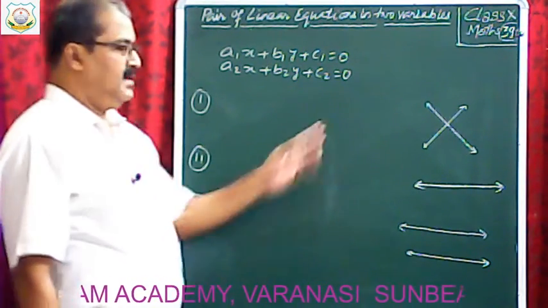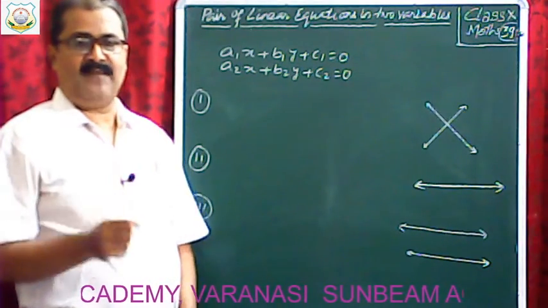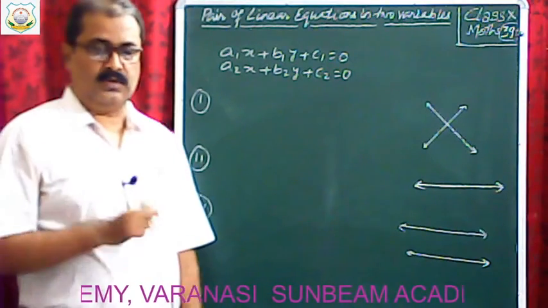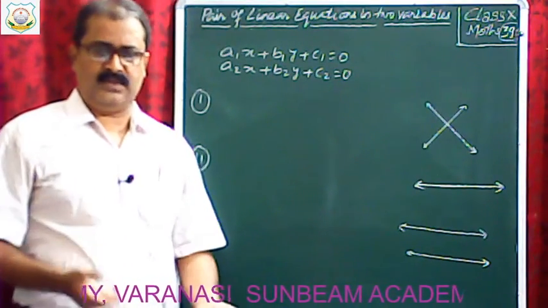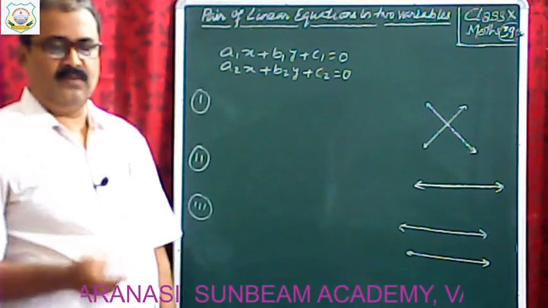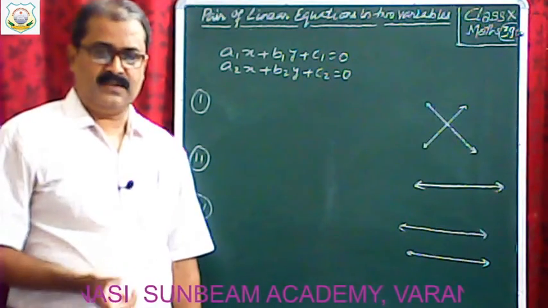If both the lines intersect each other at a point, then both the lines have a common point. That common point is a solution of the given equations. Solution means the values of x and y. Okay, the values of the variables of the given equations are known as the solution.